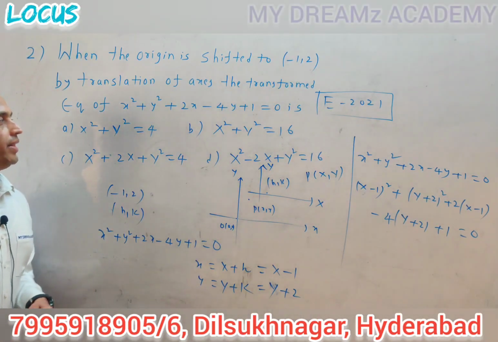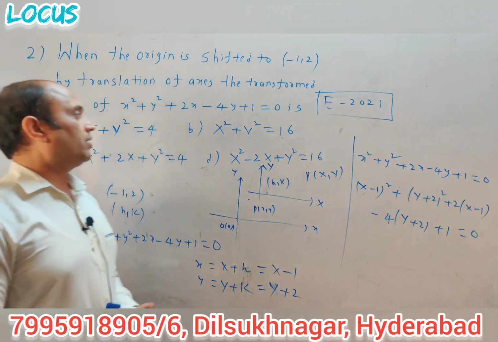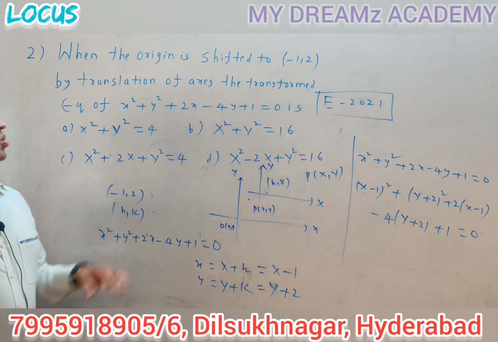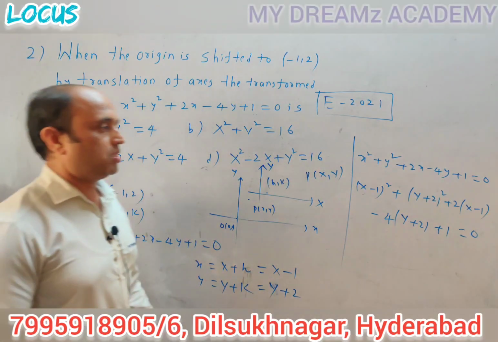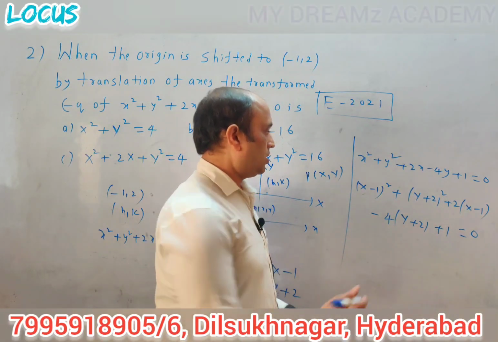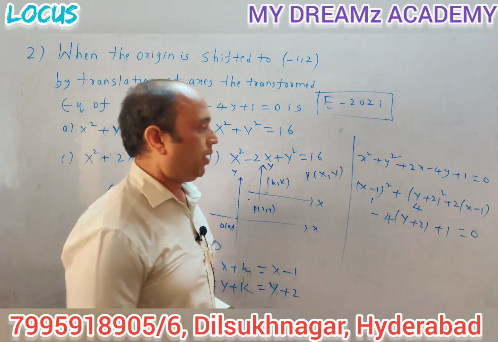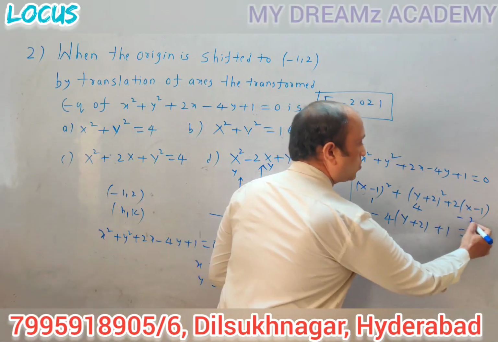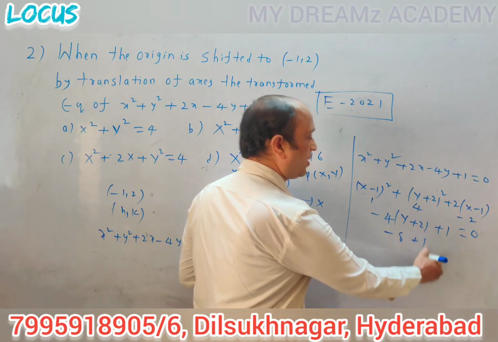We are comparing the constant term, and we can delete two options here. The constants in the options are 4, 4, 16, 16. Here the constant in the first term is 1, here it is 4, here it is minus 2, here it is minus 8 plus 1.